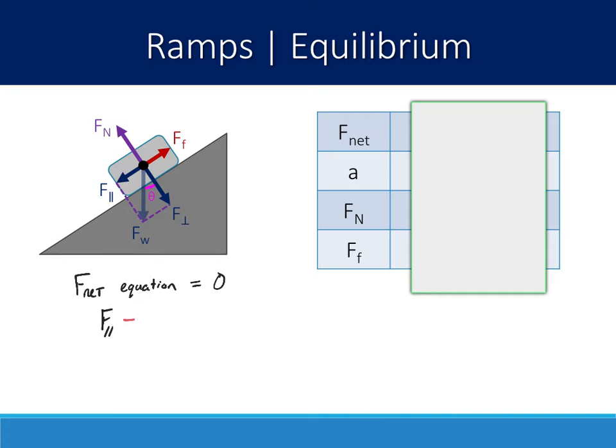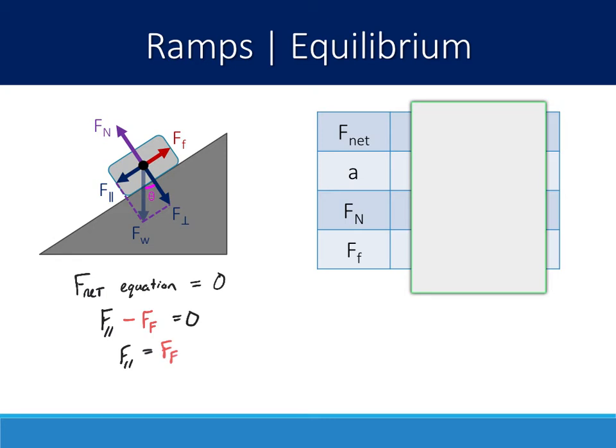That minus the frictional force, whatever it is, has to equal 0. So if I rearrange this slightly, I know then that my force parallel down the ramp is exactly equal to my force of friction along the ramp.